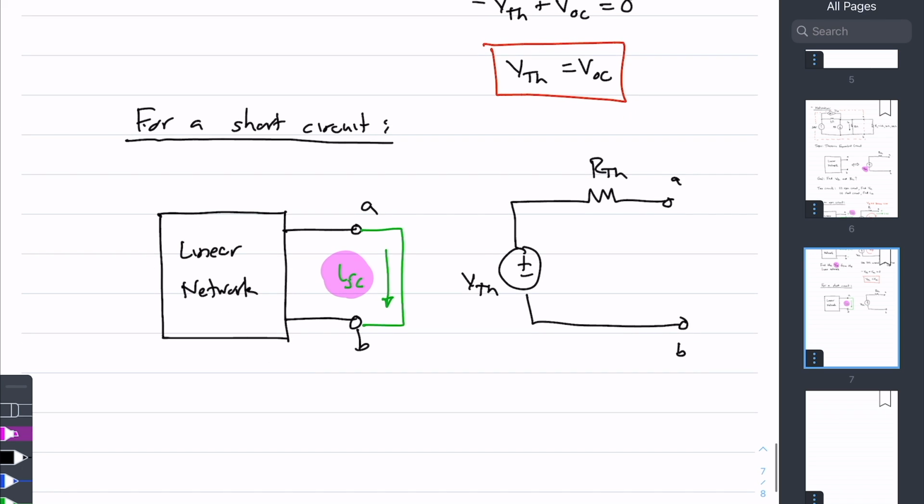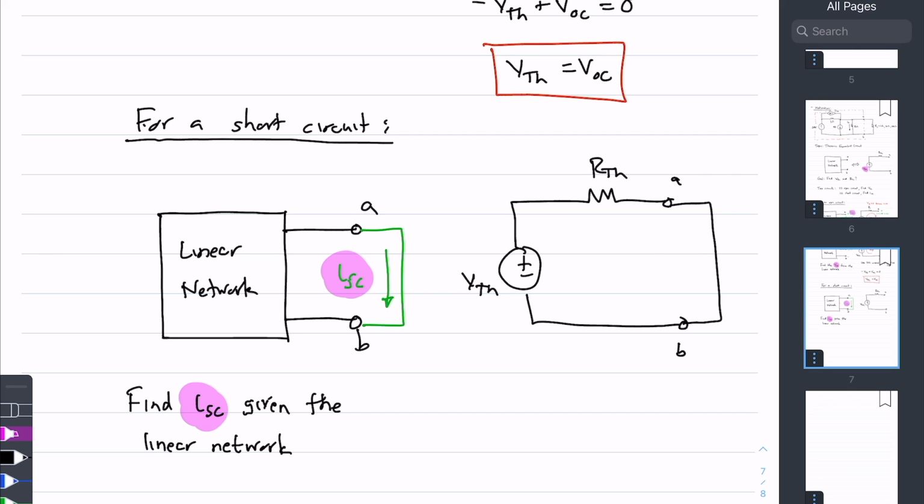So we're going to find the short circuit current given the linear network. It's something that we will find, something that we will have a value for. Now, in terms of the Thevenin equivalent, over here we're going to short circuit this as well, and that short circuit current flows externally through there.